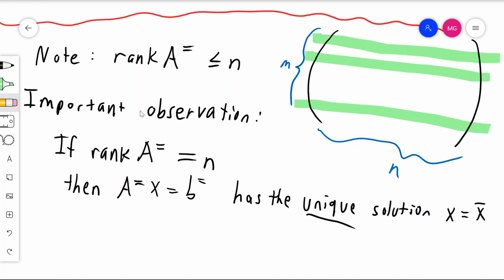Because this has rank n, all the columns of A equality are linearly independent, so there can be at most one solution. But we know there is a solution: it's x bar, by definition of what A equality and B equality are. They are the system of tight constraints for that point, so x bar has to satisfy this, and since the columns are linearly independent, there can be at most one solution, so there is exactly one, which is the point x bar. That's what happens when the rank achieves that upper bound of n.